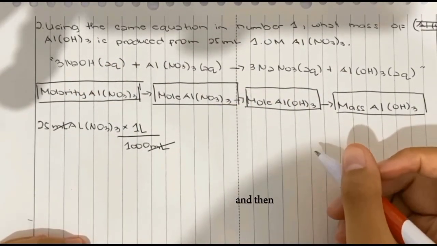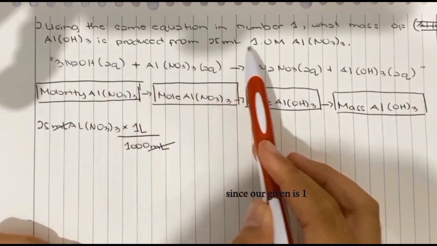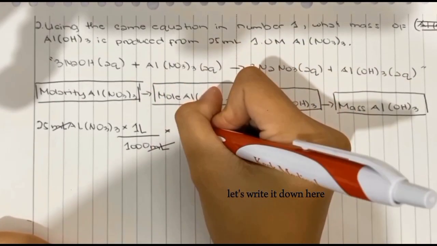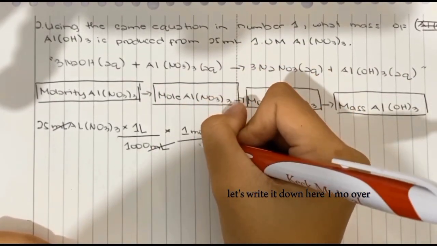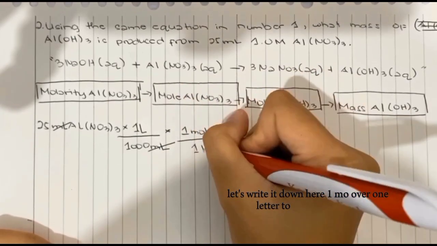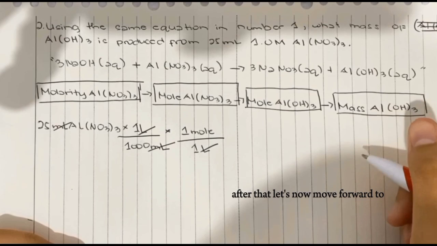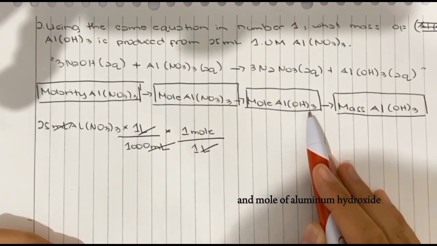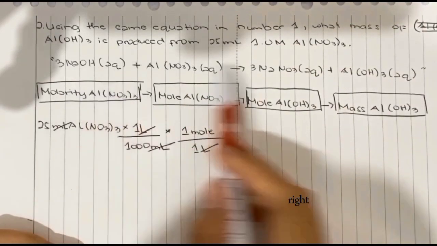And then let's move on to molarity. Since our given is 1 molar of aluminum nitrate, let's write it down here. 1 mole over 1 liter to cancel liter out. After that, let's now move forward to the mole of aluminum nitrate and mole of aluminum hydroxide, which we're gonna base on the given chemical balance equation right here.